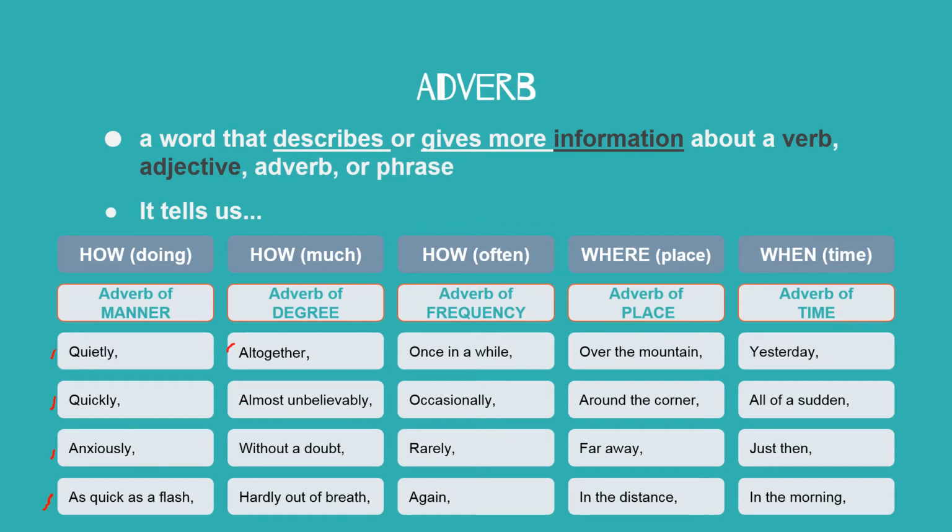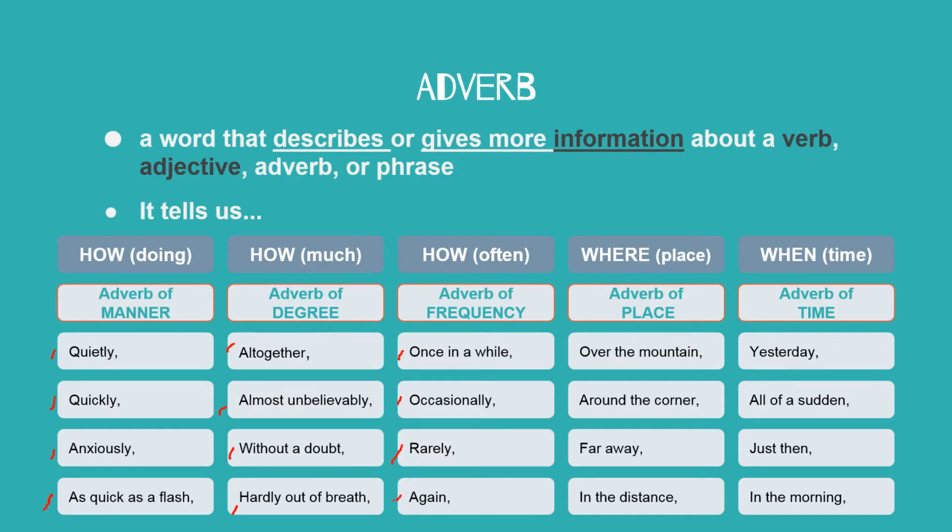So altogether, almost unbelievably, without a doubt, hardly out of breath. We also have the adverb of frequency, how often we do things or the action is done. Once in a while, occasionally, rarely, or again and again.